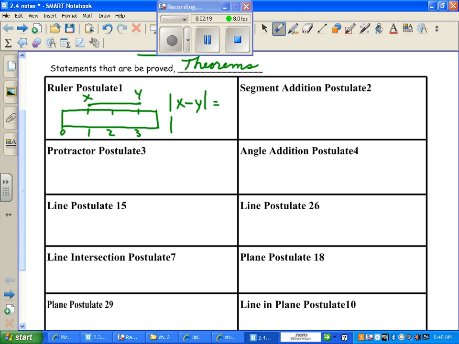So in this case you'd get 1 minus 3, but notice this is in absolute values. That negative 2 inside the absolute values becomes a positive 2. So that's how your ruler postulate works.